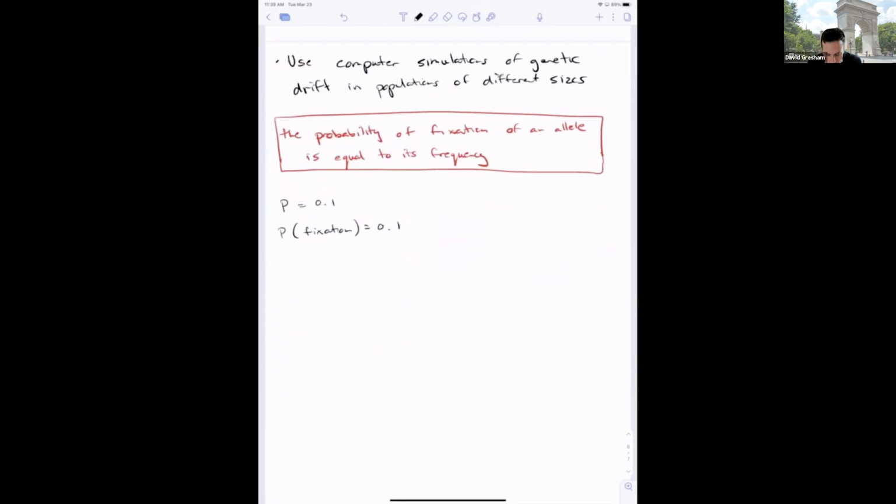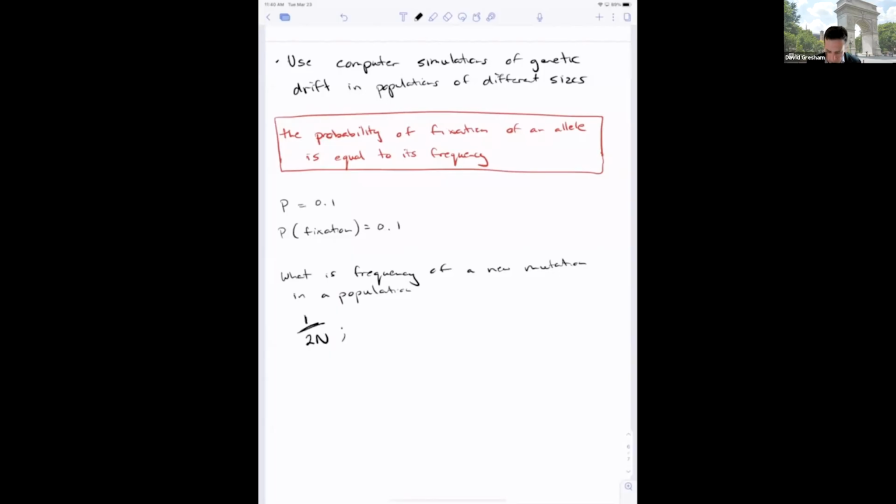And so if we think about populations in general, and the introduction of new variation through the process of mutation, if we introduce a new mutation into a diploid population, what is its frequency? That frequency is going to be equal to 1 over 2N, where N is the size of the population.